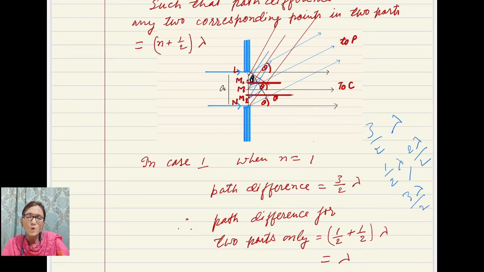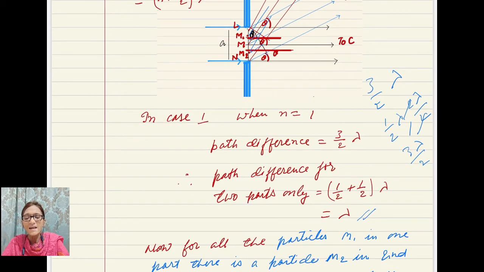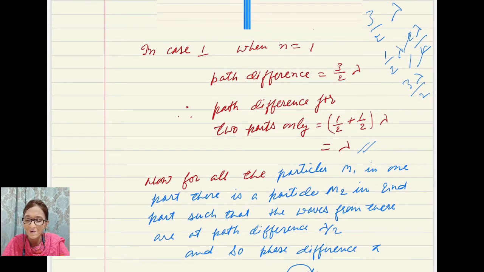Therefore for two parts you have path difference only lambda. So for all points in the first part, that is M1, there will be a corresponding point M2 in the second part, for which the path difference becomes equal to lambda.